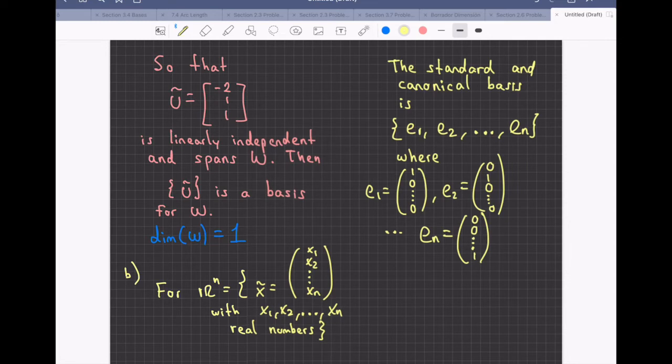So these vectors create a basis for Rn. Then this means that Rn has dimension n. So the dimension for Rn is always n.